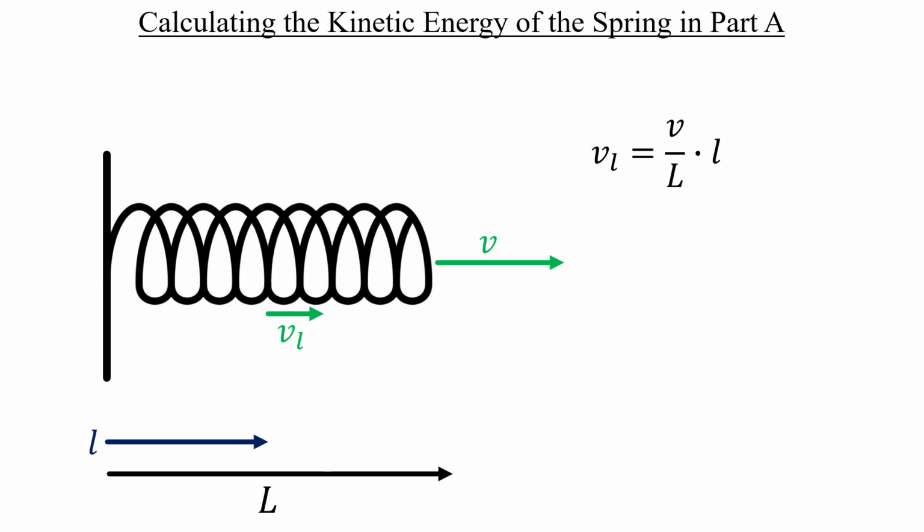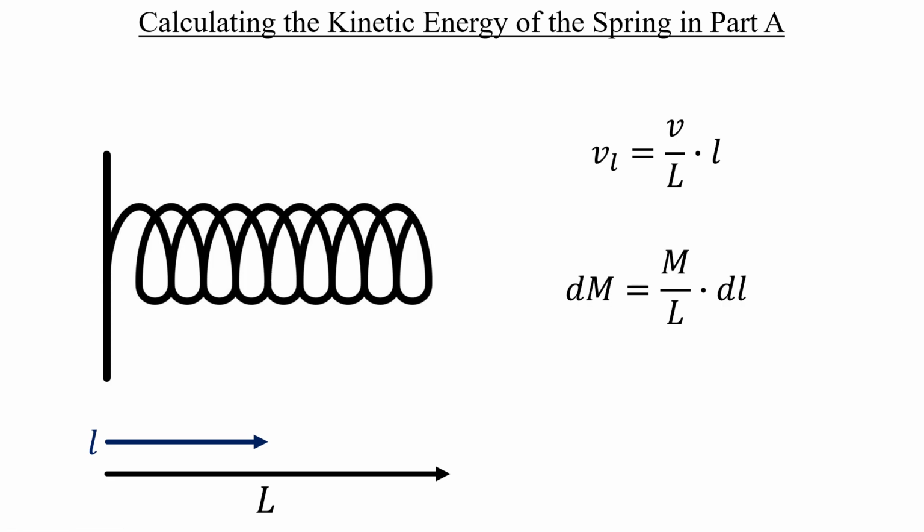There's one more equation that we'll need. This one says that a tiny chunk of the spring's mass is equal to the ratio of the entire mass of the spring to the entire length of the spring, multiplied by some tiny little displacement along the spring's length measured from the base.